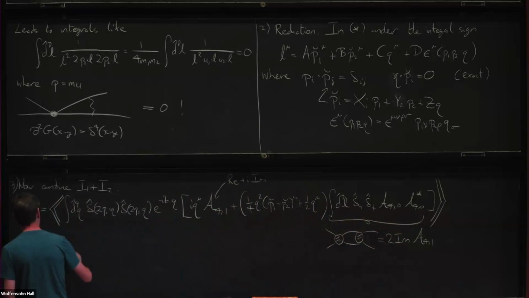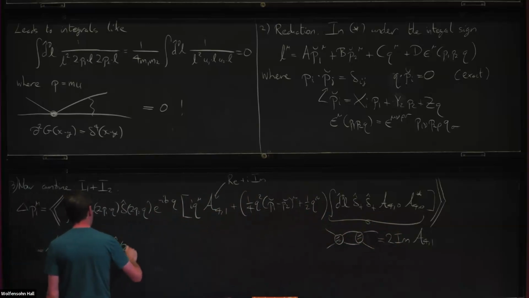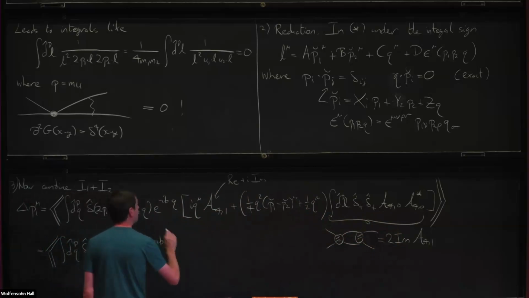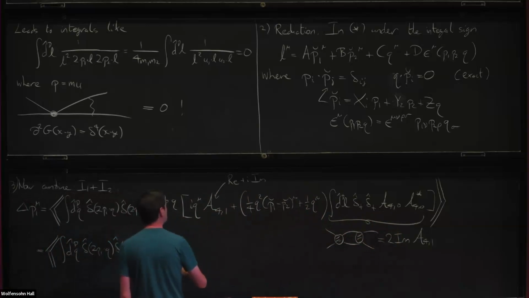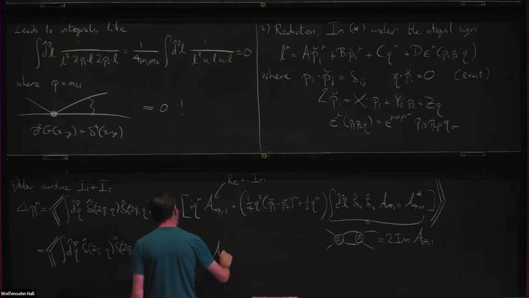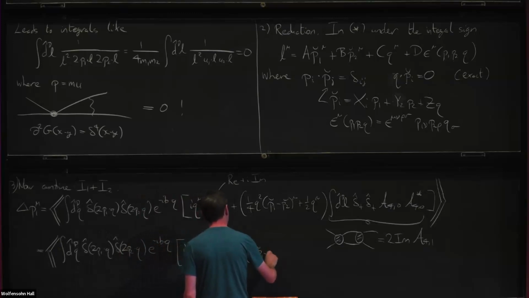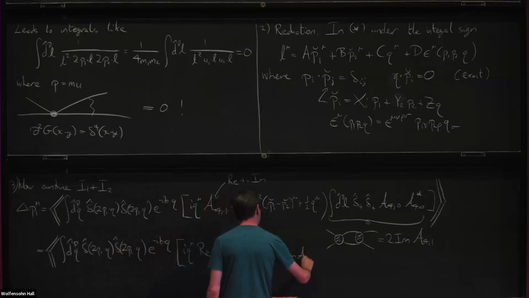So I can rewrite this. That should really have been a D. Delta 2P1.Q, delta 2P2.Q, e to the minus iB.Q, and times iQ mu real part of A41 plus a quarter Q squared P1 check minus P2 check mu in A41.